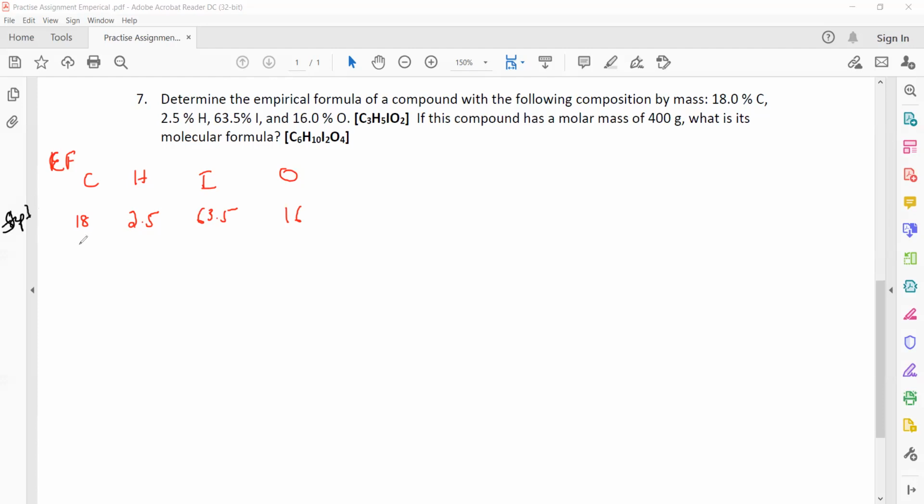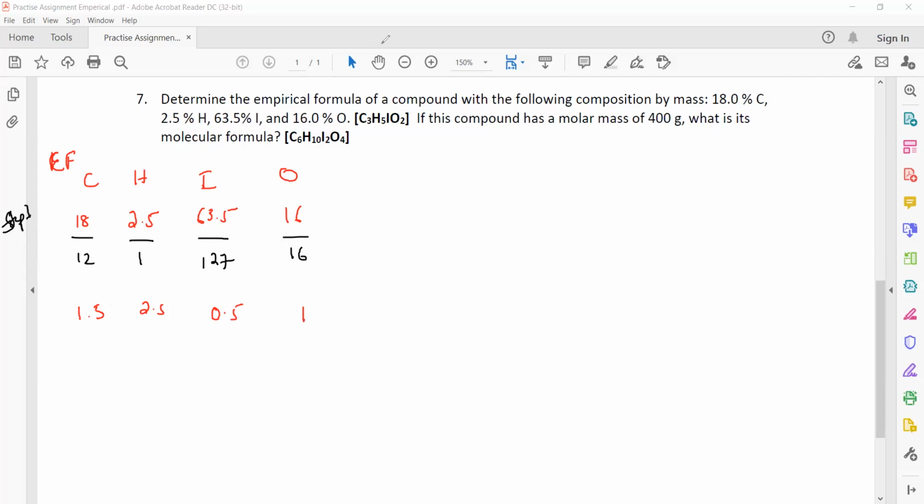So for carbon, it is 12, for hydrogen it is 1, and for iodine it is about 126.9, or 127 you can take, and oxygen is 16. So this will be 18 divided by 12, which equals 1.5. This will be 2.5, this will be 0.5, and this will be 1.